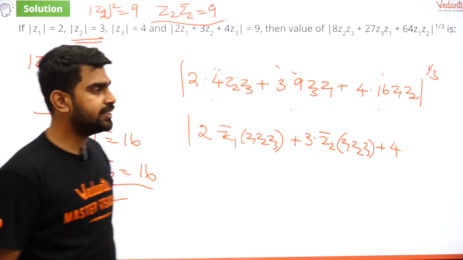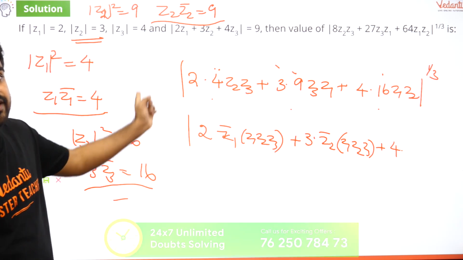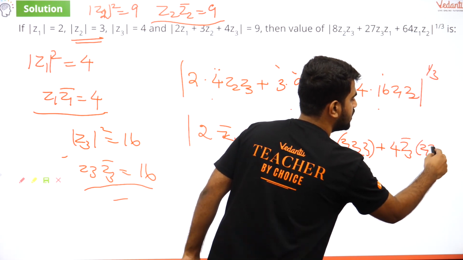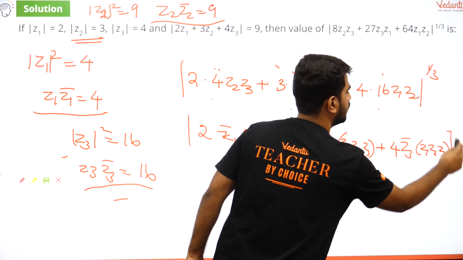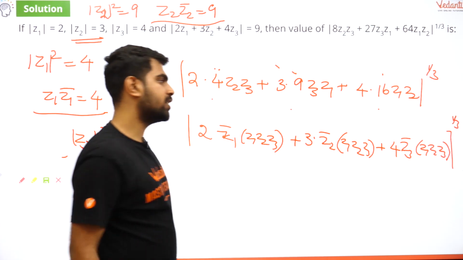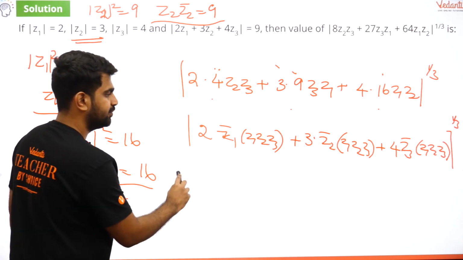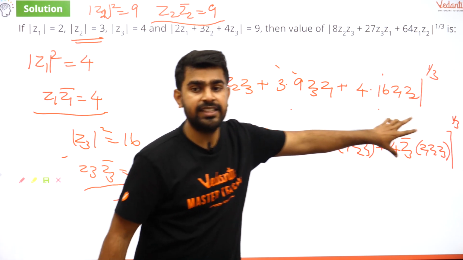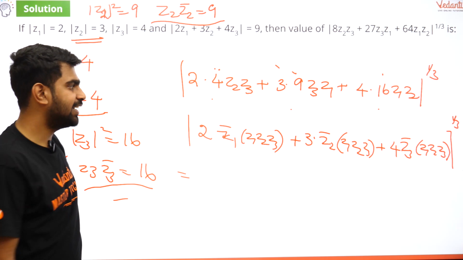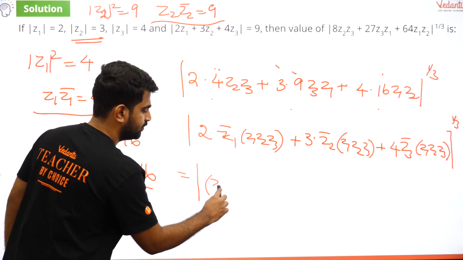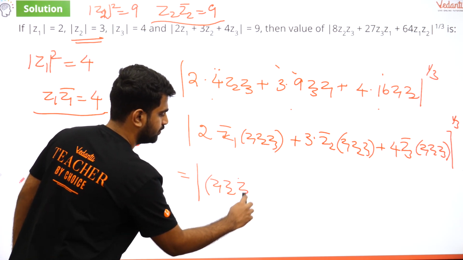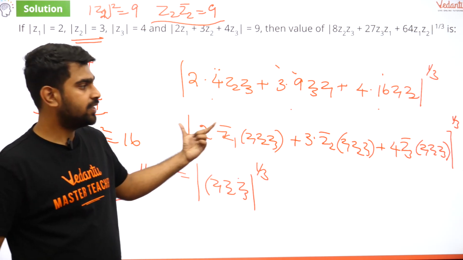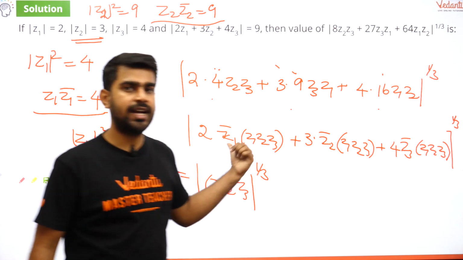What is 16? 16 is nothing but z3 bar. Now I'll take z3 bar in the front and I'll have z1 z2 z3 whole raised to the power 1 by 3. Got it? So now what is common here? You have z1 z2 z3, z1 z2 z3, z1 z2 z3. So obviously I will take that common, whole raised to the power 1 by 3. Because when I take it common outside, this 1 by 3 will attach to that as well.